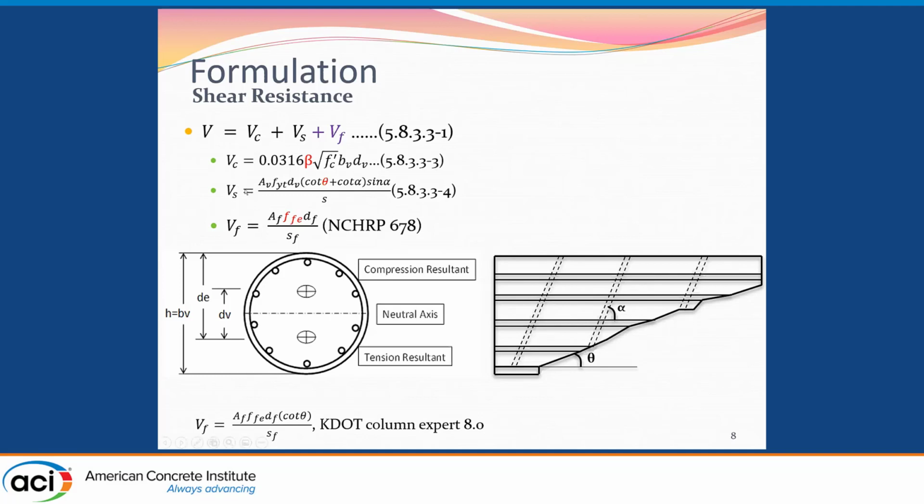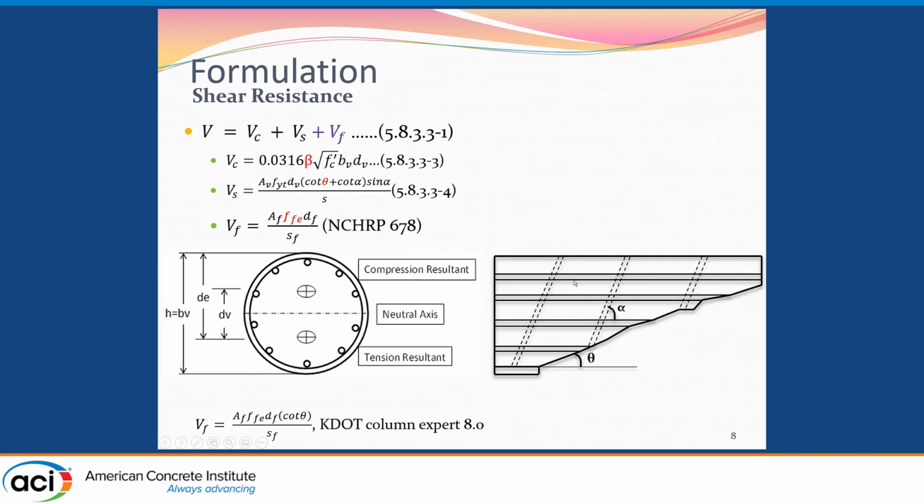And then we have the Vs equation, which is very similar to what we have in ACI, which is Av fyt dv, the effective depth, and then we have cotangent theta. Theta is actually the key of this equation, and it's the angle of the crack, basically the angle of the inclination of the compressive stresses, or in other words, the angle of the expected cracks.